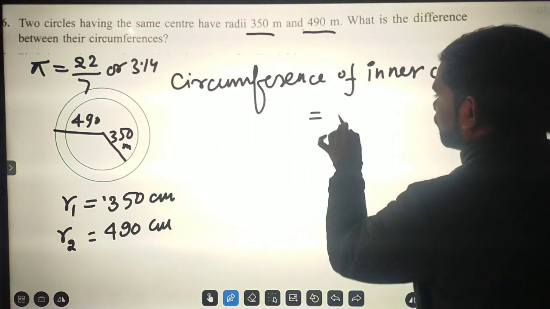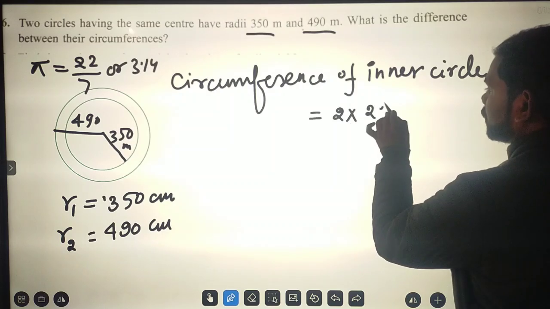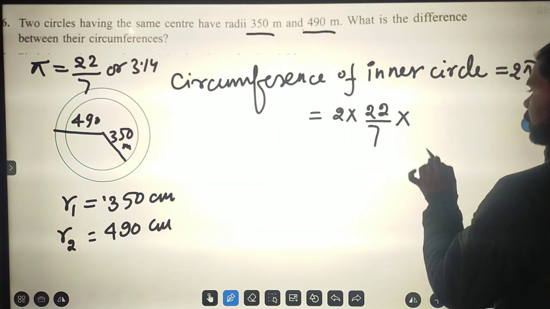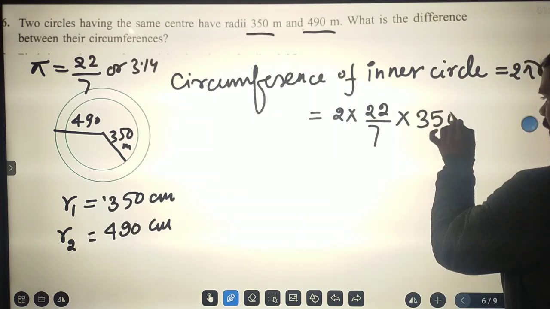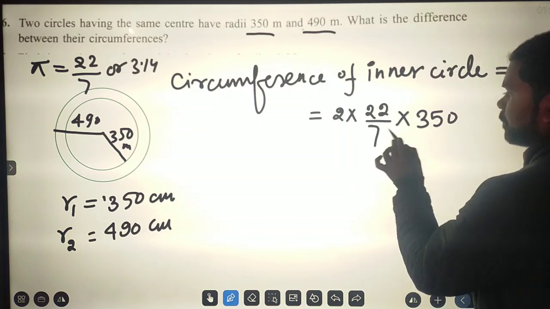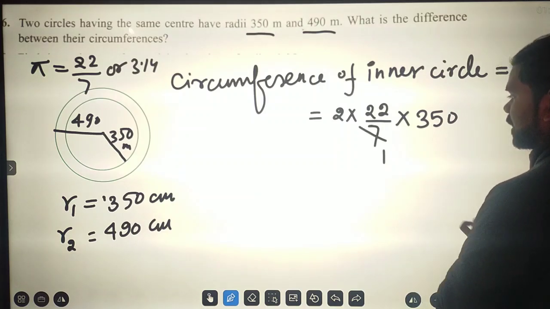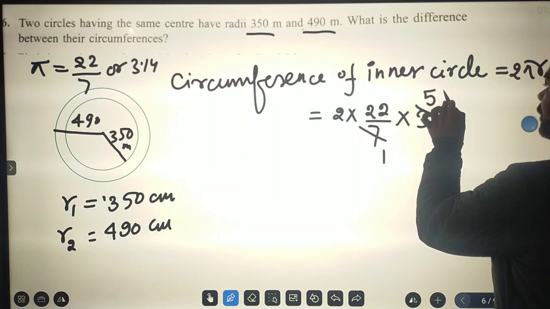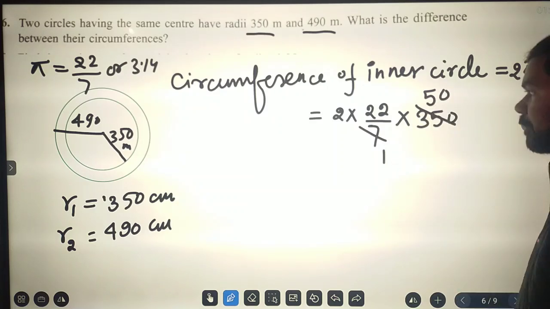So here we write 2 into 22 by 7 into 350. Now divide 350 by 7: 7 ones are 7, and 7 fives are 35, so we get 50.